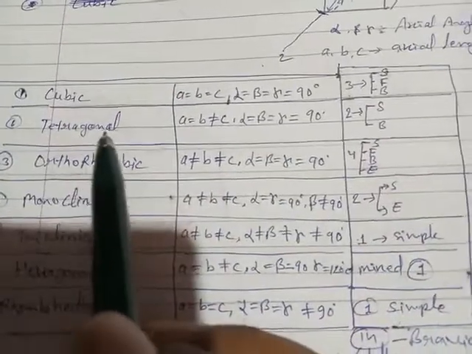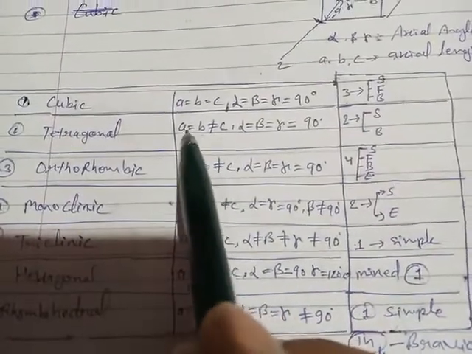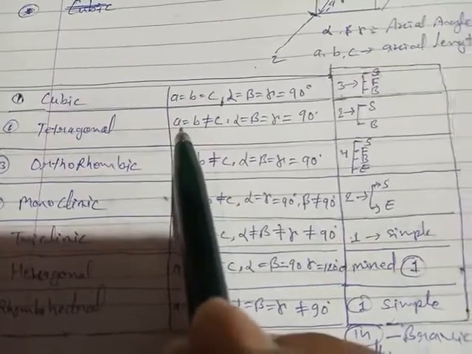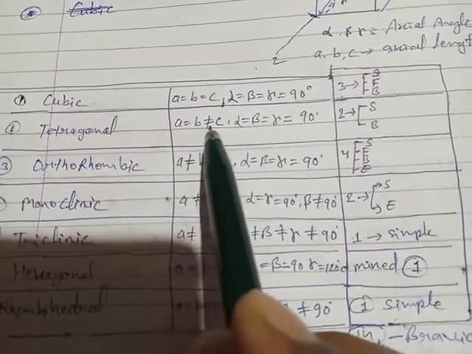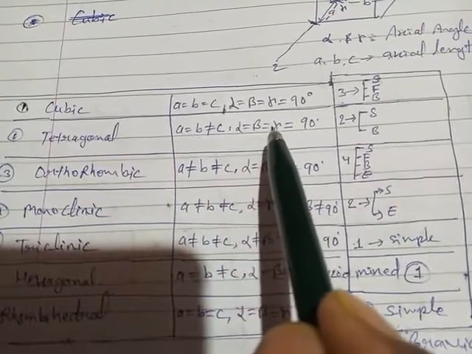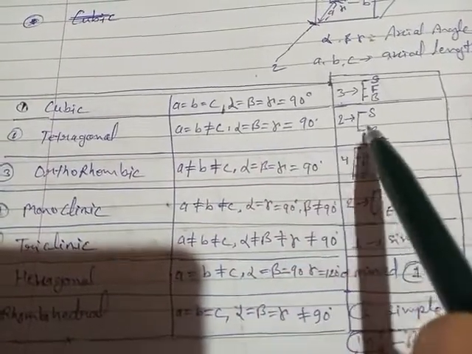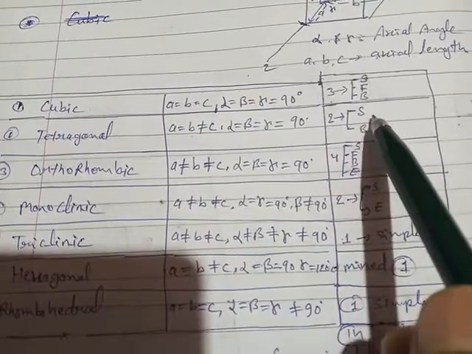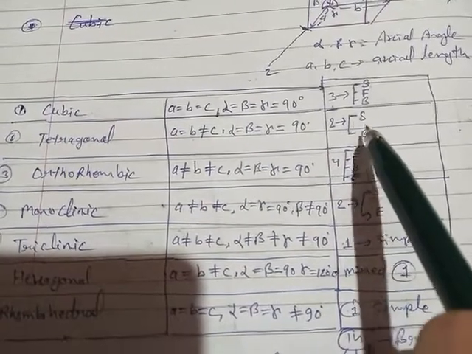In the tetragonal structure, the sides are a = b not equal to c, and the angles are alpha = beta = gamma = 90 degrees. There we require two types of unit cell, simple and body centered.